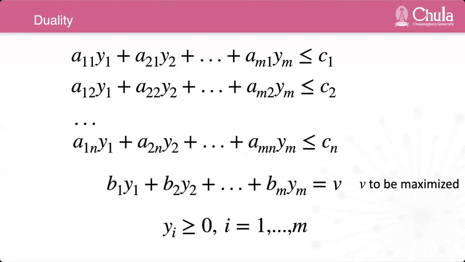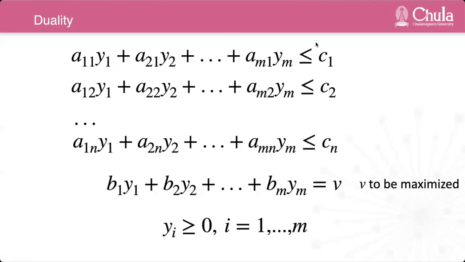This is the duality of that problem. The constraint contains A11y1, A21y2, lesser or equal C1, C2, up to Cn. And the objective function is in maximized form, B1y1 plus B2y2 and so on up to BmYm. And all y variables are restricted to be non-negative.